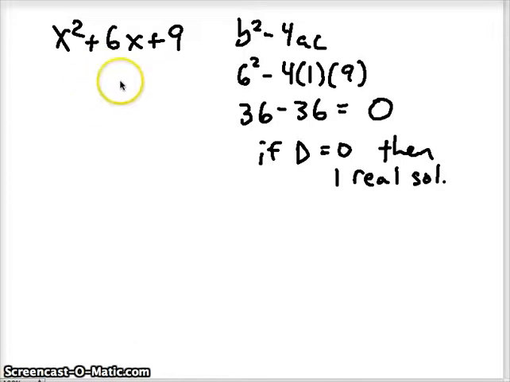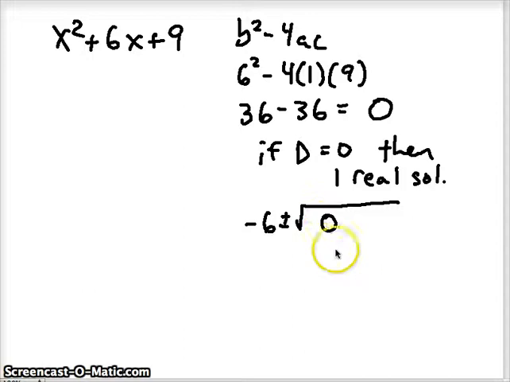Well, let's see. Again, we could do this using the quadratic formula. I'm going to show you real quick. If you've already solved the discriminant, that's usually the thing that takes the longest when using the quadratic formula. So out front we had the opposite of b, so negative 6 plus or minus, and what's underneath that square root is what we already solved. We found that the discriminant, the b squared minus 4ac, equals 0. So really we can just put the 0 there.